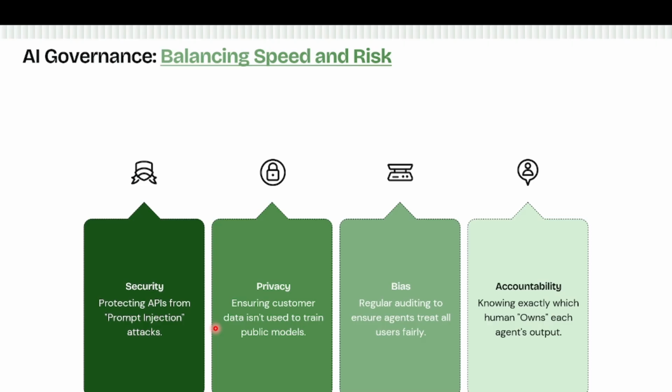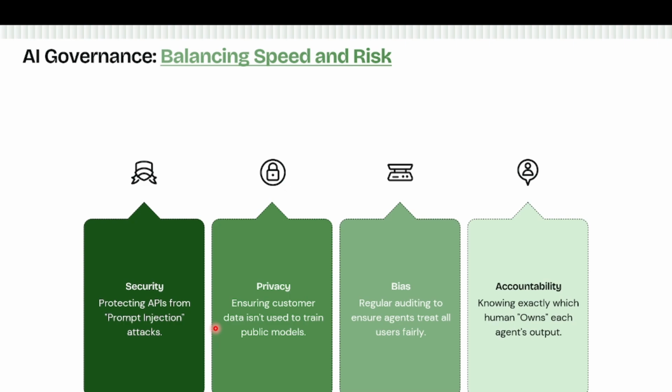Bias: regular auditing to ensure agents treat all users fairly. So agents must be audited. Their metrics and everything they do must be audited to ensure that they treat users fairly, because agents can be very strict sometimes. If you have been using Claude Sonnet lately, you see how it argues bitterly with users.